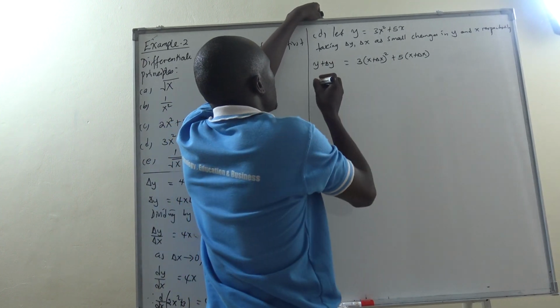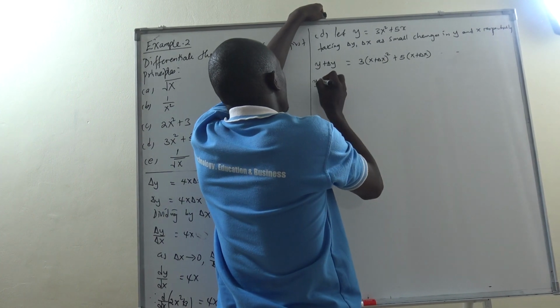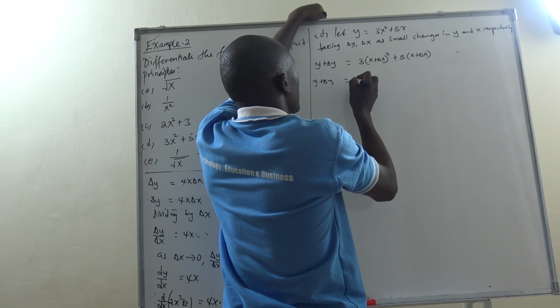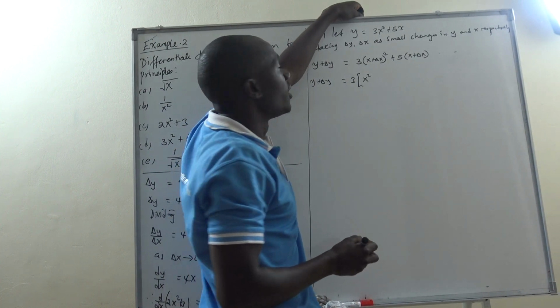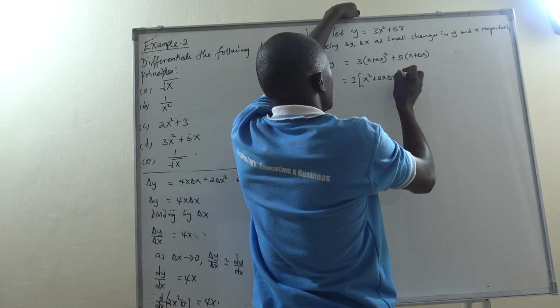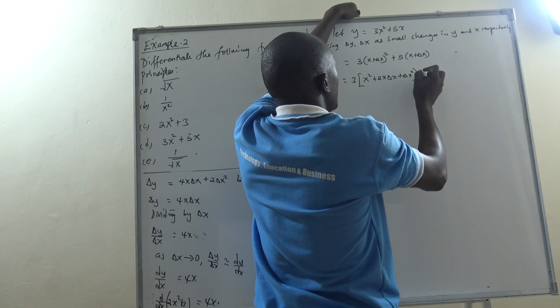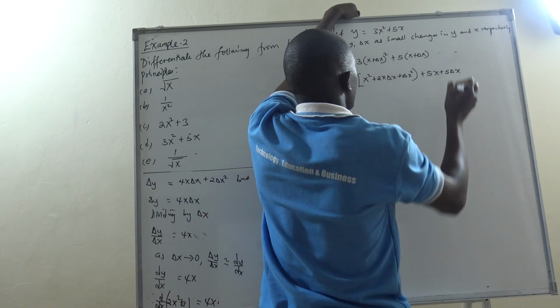So can we first expand? We get y plus small change in y equals 3 into x squared. From binomial theorem, we're getting x squared plus 2x delta x plus delta x squared, then plus 5x plus 5 delta x.